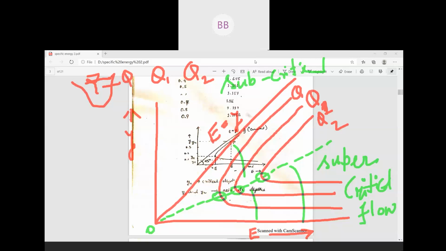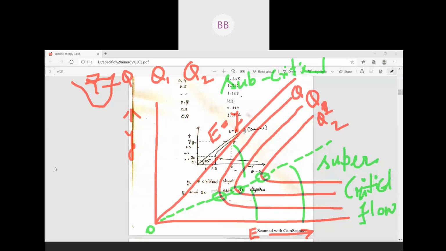The upper portion is called subcritical flow, and the lower portion is supercritical flow. In that supercritical area, the depth of flow is always less than your critical depth.